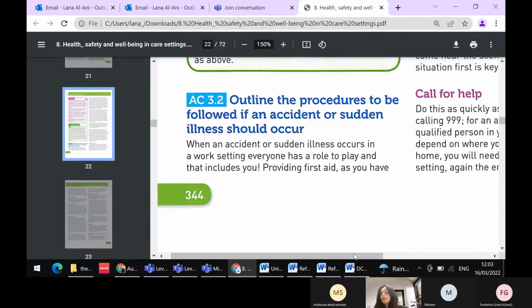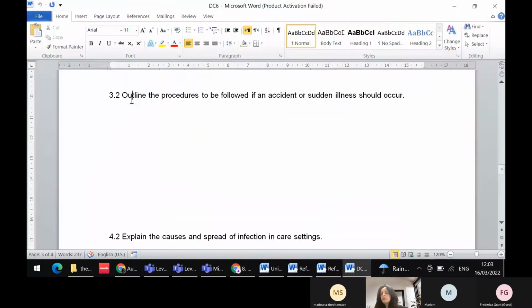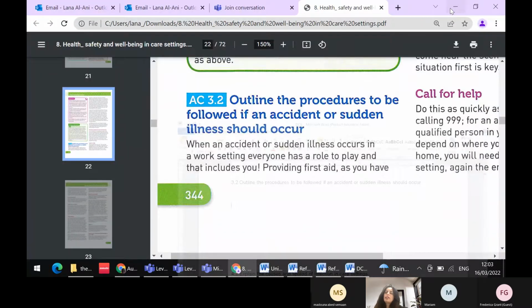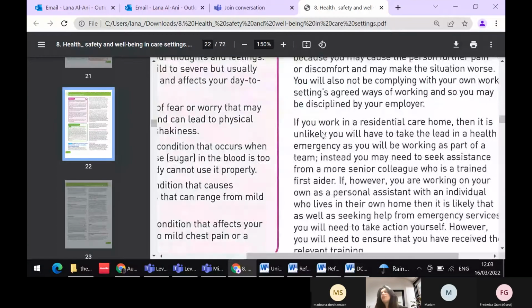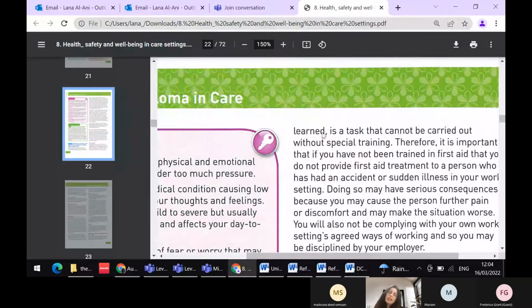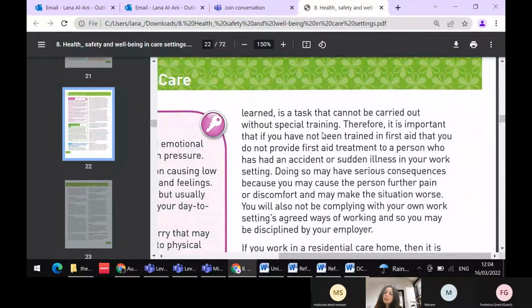Okay, so to answer this question, it says outline the procedure to follow for any accident happening. So I will say if there is any accident happening in the workplace, first, I need to provide a first aider. If I'm trained as a first aider, then I can provide it myself. If not, I can go immediately and call the first aider in the organization.